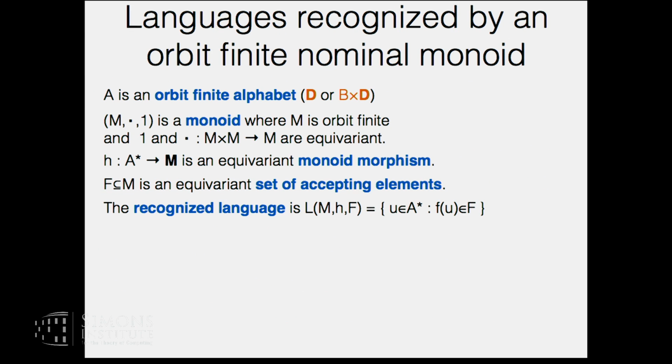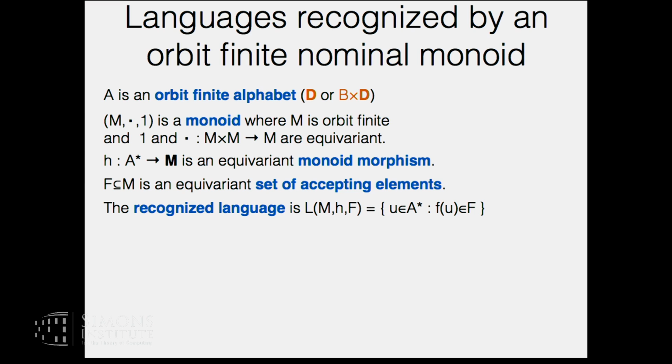So now, what do we do with that? Well, we just take the normal definition of a monoid, but we instantiate it in this universe, in the category of nominal sets. So we have this set A, which is like the data that we use as an alphabet. Then we have a monoid, which is like a normal monoid, but instead of being finite, it's orbit finite, and the product has to be equivariant.